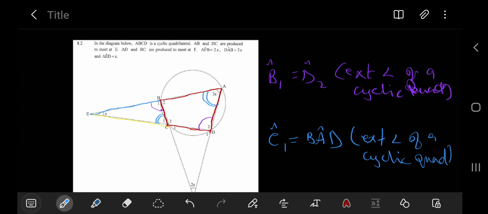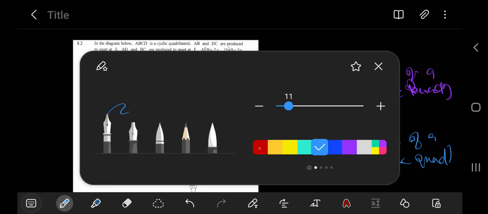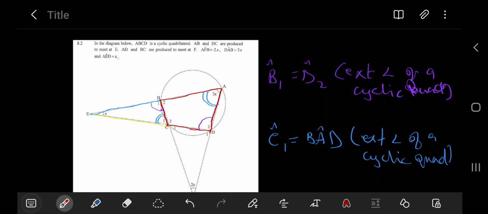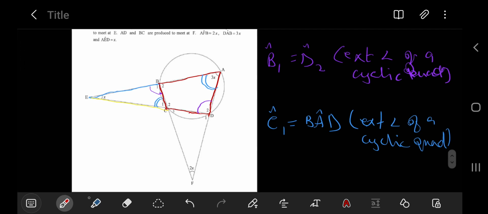Okay? And then let us continue with the statement. They say AD and BC are produced to meet at F. So we also have other lines which are produced, but let's check. Are they produced from the cyclic quad that we're talking about? Okay, so let's see. AD, we have AD here, which is produced to meet at F, right?